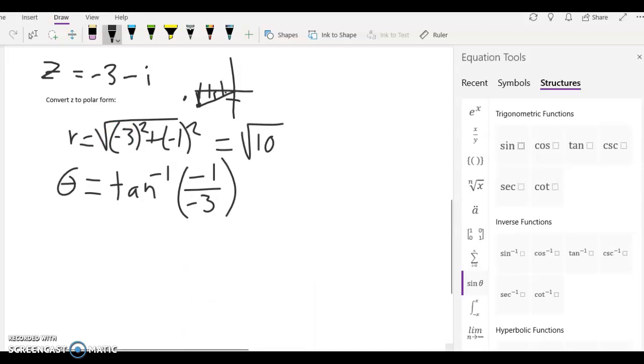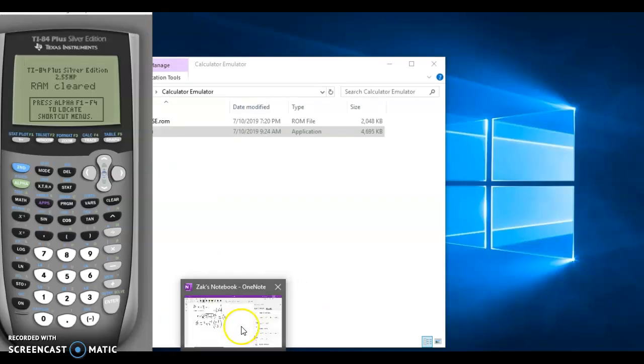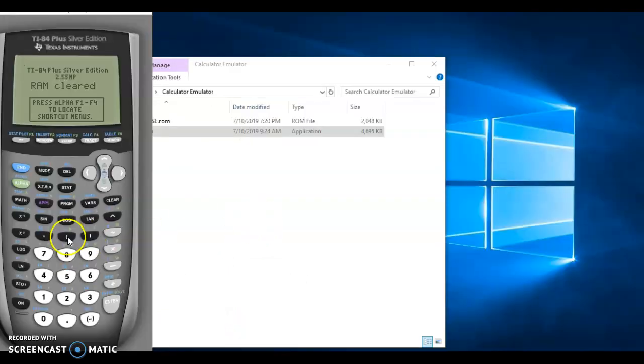So now we'll go pull up our calculator. All right, so now I have my calculator up. The first thing I'm going to do is check my mode. We'll do this one in degrees mode again, but we can do it in either.